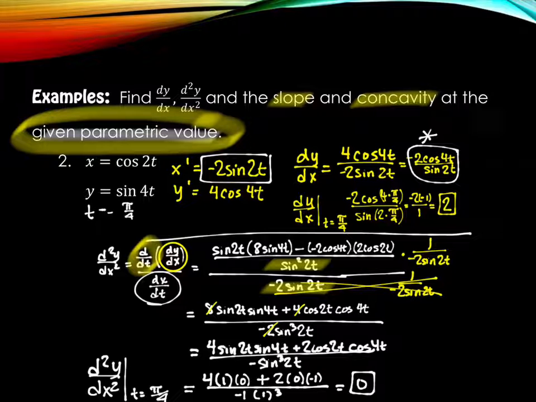What does 0 mean about the concavity? It means it's changing at that point. Maybe. Or it's just a flat line. So it's a possible concavity change, or a possible inflection point if you want to say it that way. We don't know for sure.